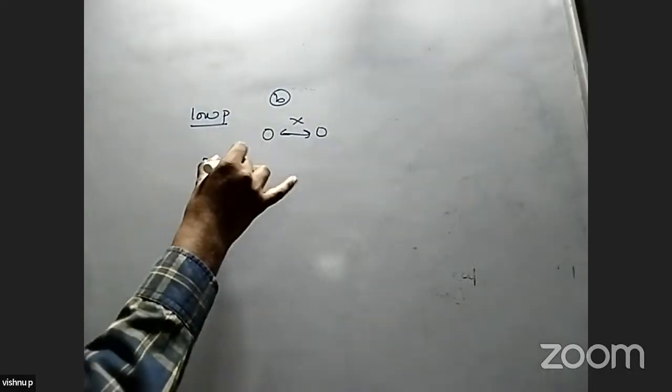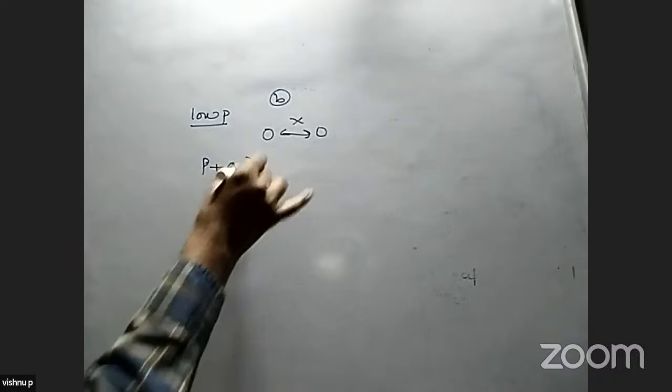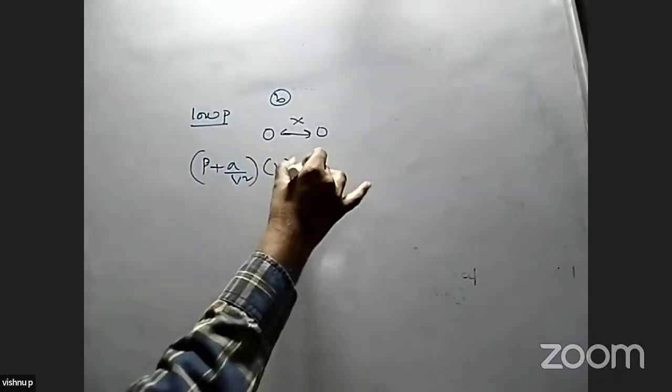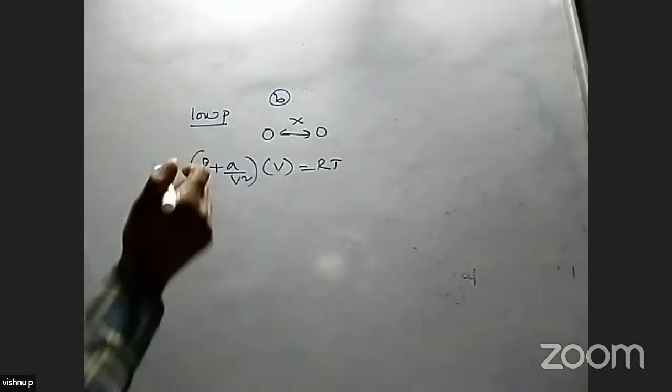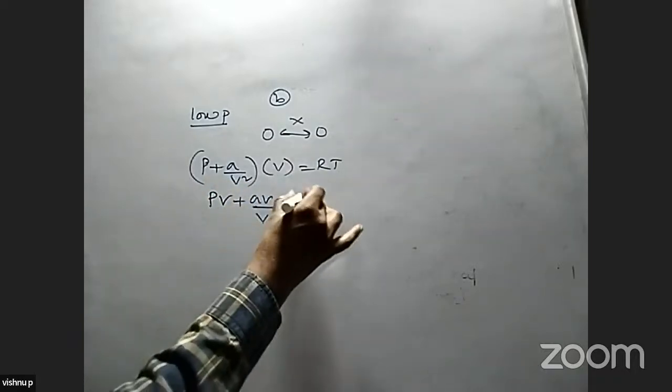So for 1 mole of gas we write (P + a/V²)V = RT. When multiplied, we get PV + a/V = RT.